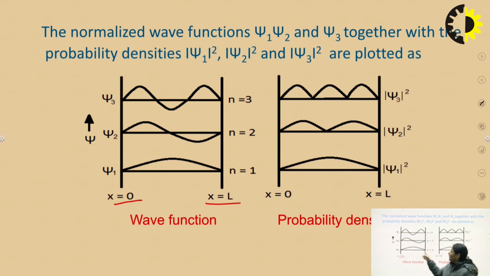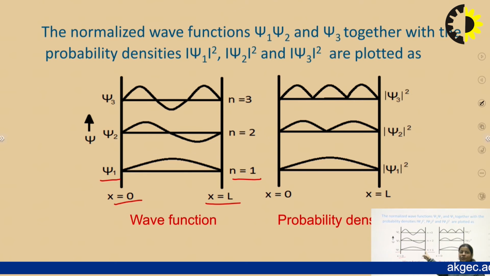If the particle is in the n equals 1 energy level, its wave function is determined by psi 1. We substitute n equals 1 and we get this type of wave function. When we move to the n equals 2 state, the particle is in the n equals 2 energy level, and the behavior of the wave function is like this, and similarly for n equals 3.